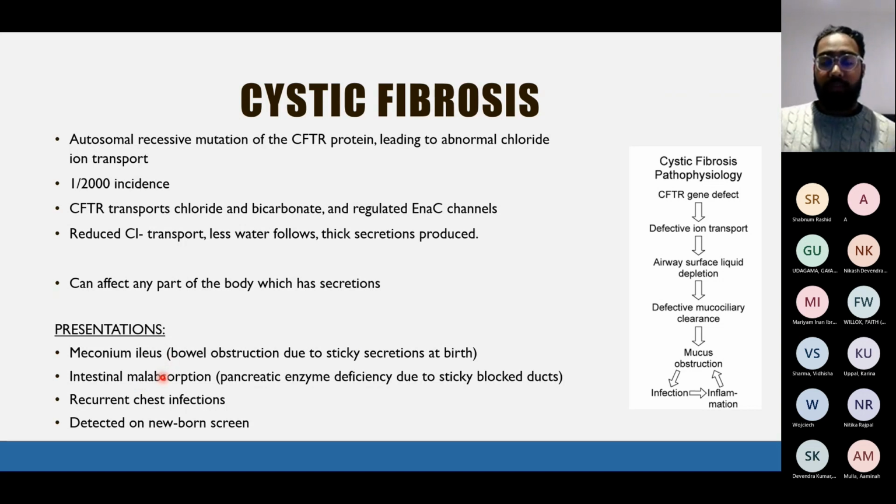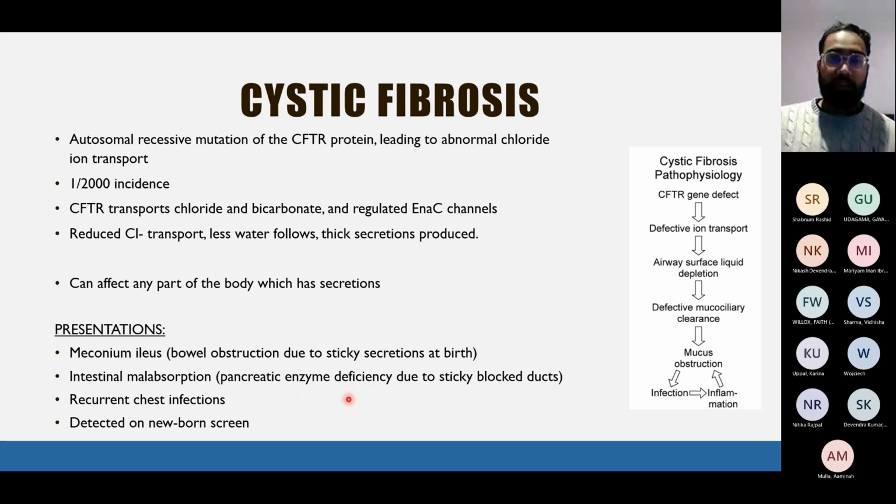They're losing loads of weight because the pancreatic enzymes that you need to digest all of the food input don't work properly. They get stuck in the pancreatic ducts because they're sticky, because there's not enough water in them because of the CFTR mutation. And then you can get recurrent chest infections. Why?